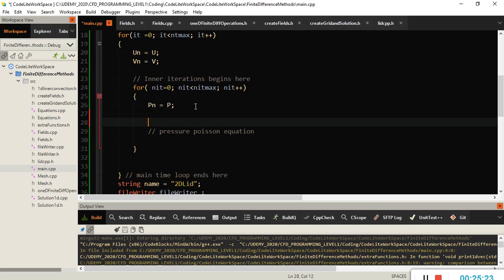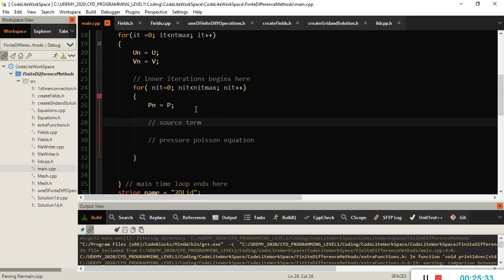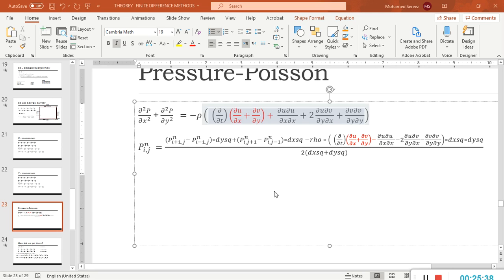Since the equation is a bit complicated itself, let's first write the source term. Let's go ahead and have a look at the source term. So the source term is simply this guy here.